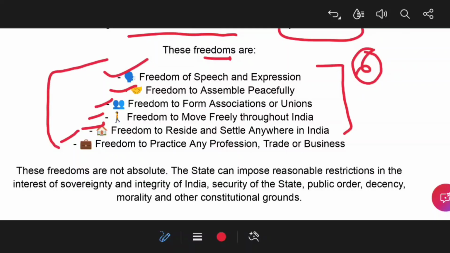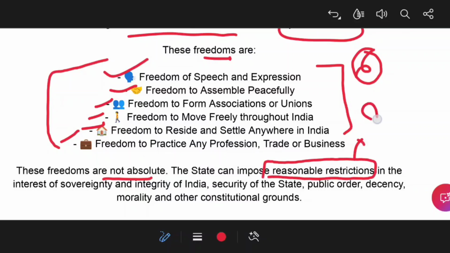But tell me one thing, are the rights mentioned under article 19 absolute? No. There is only one article that is absolute in nature, and that is article 17. So yes, these freedoms are not absolute. They can be abridged, they can even be curtailed, and the state can impose reasonable restrictions.